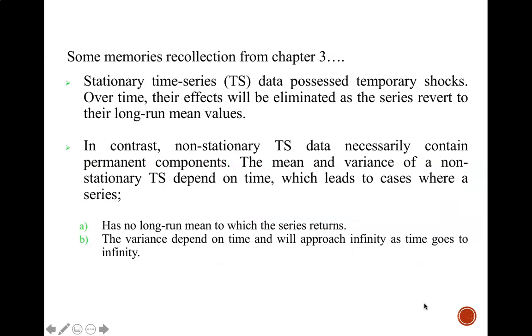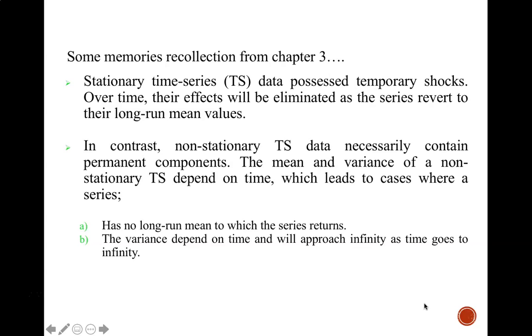All right, so some recollection from chapter number 3, as I already mentioned just now. Stationary time series data possess temporary shocks. Over time, the effect will be eliminated as the series reverts back to the long run. In contrast, non-stationary series, if you plot the graph, will go upwards, downwards, with the trend going up or going down, and that is where it will disturb the regression function, especially the OLS.